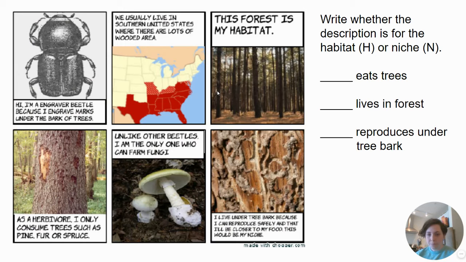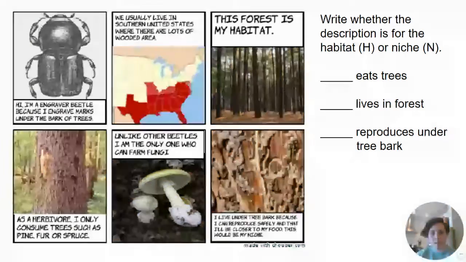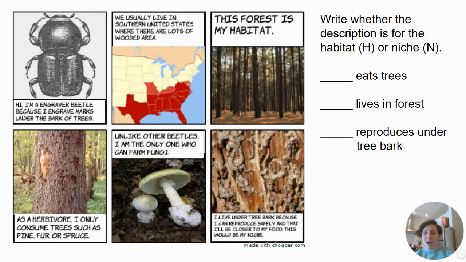All right, another one for you on the engraver beetle. So hi, I'm an engraver beetle because I engrave marks under the bark of trees. You guys might have seen this, especially if you find like a stick on the ground that has really cool patterns in it. We usually live in the southern US where there are lots of wooded areas. This forest is an example of my habitat.